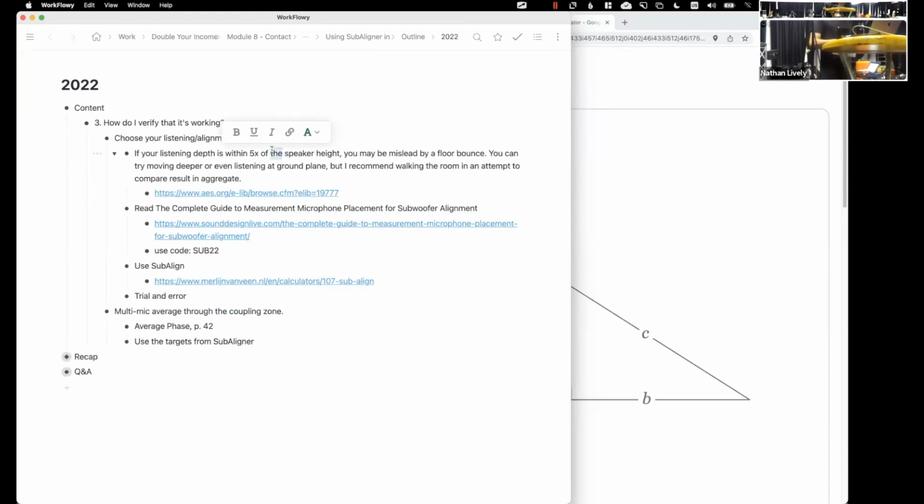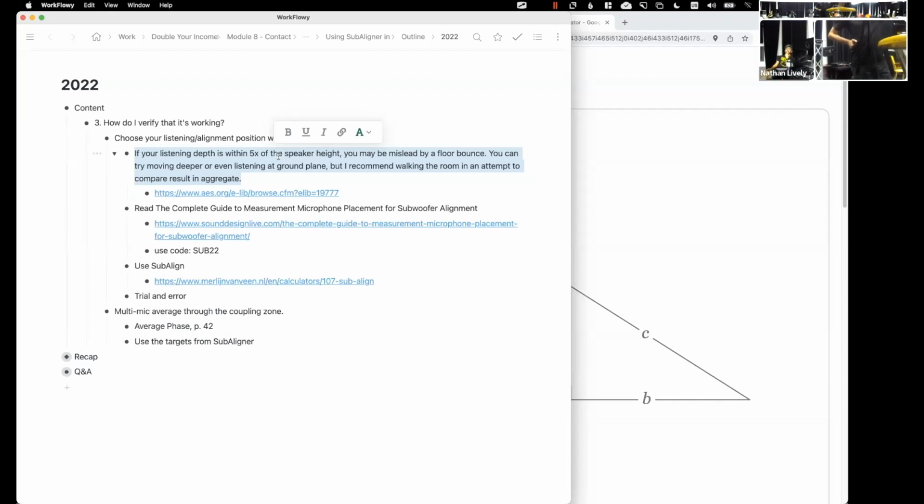This is just a little nice rule of thumb from another Acoustics paper. Basically, as long as your listening depth is within 5 times the speaker height, what does that mean? Well, this speaker is about 10 feet in the air, about 3 meters. Then 5 times the speaker height would be 50 feet or 15 meters. I hope I'm doing that right.